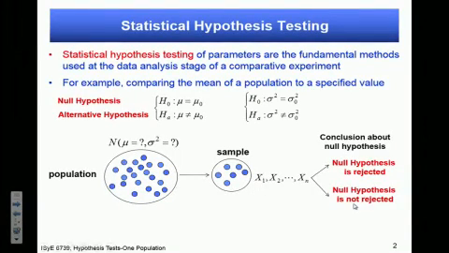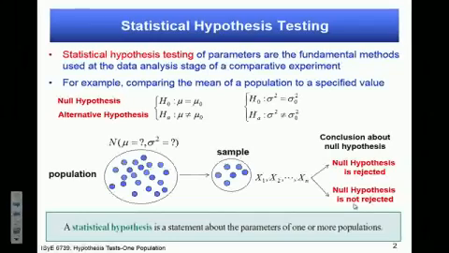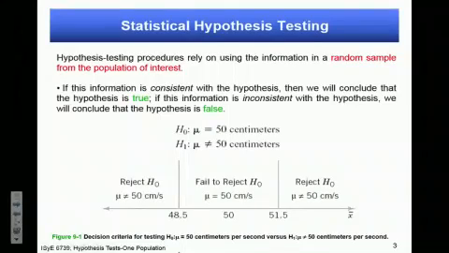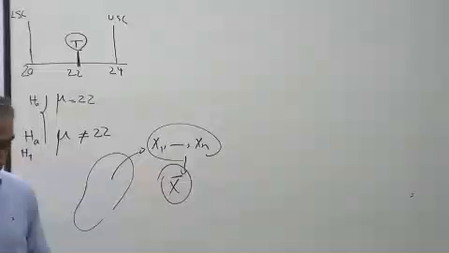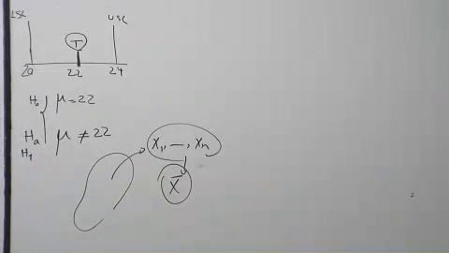Okay, this is another example for the variance. And as I said, a statistical hypothesis test is a statement about the parameters of one or more populations. Here is one example. We want to see if mu is equal to 50 or not equal to 50. We collect a sample, we calculate x bar of this sample, and then we have some limits.